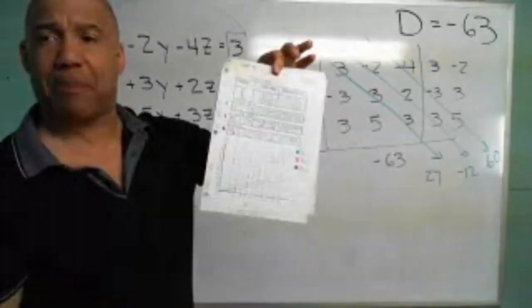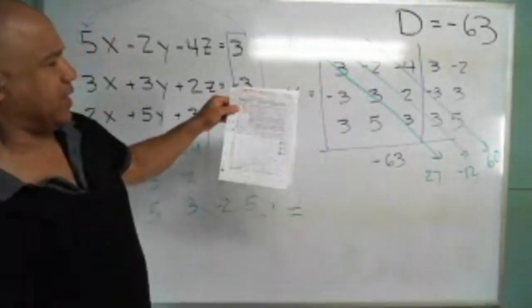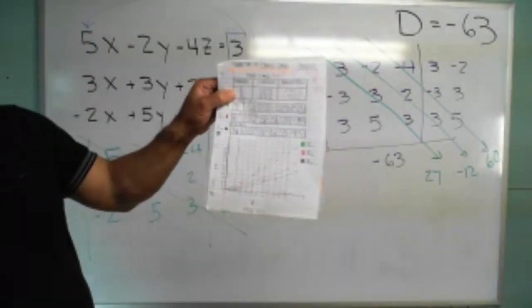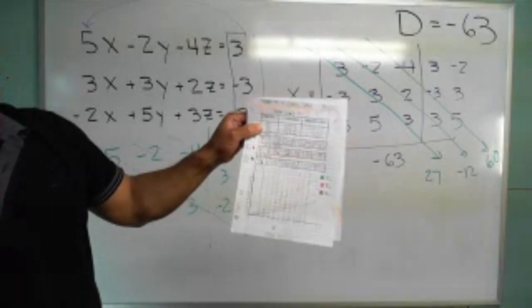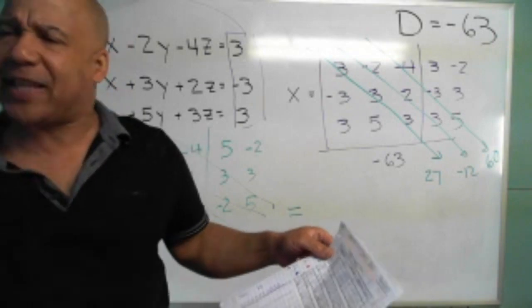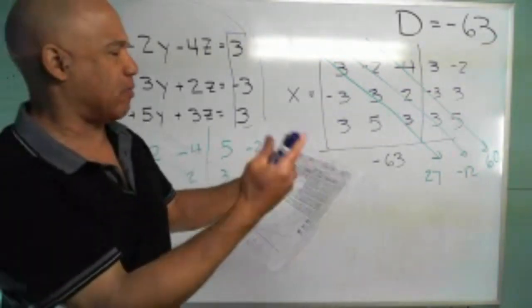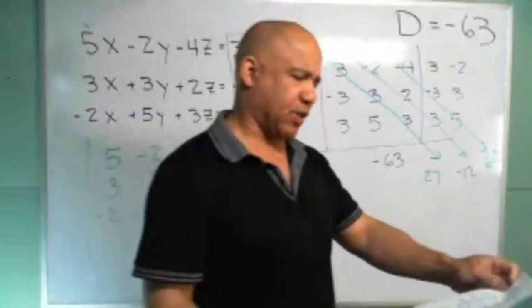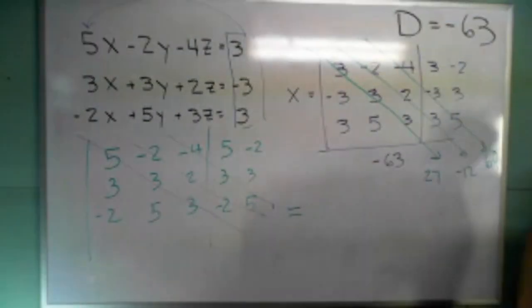Check Blackboard. If you got a 0 for lab 4, this might be yours. I think I got most of the grades in, but I might be missing a few. If you got a 0 on lab 4, let me know, and maybe I'll have my nephew take a picture of it and send it out and see whose this is. I just don't want to give you a 0, and I got some other ones with no names on it. I just don't have them here.